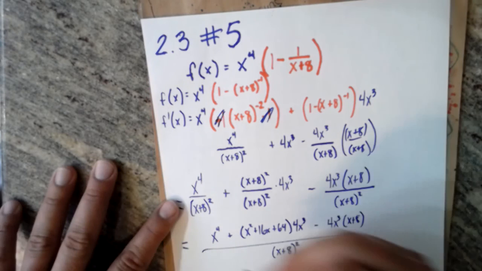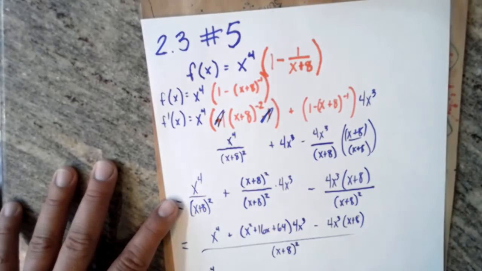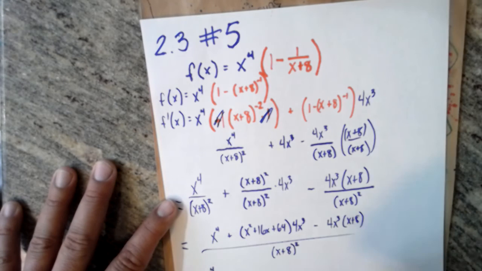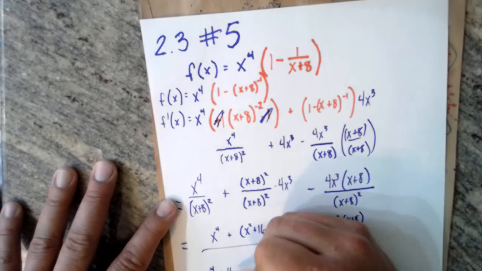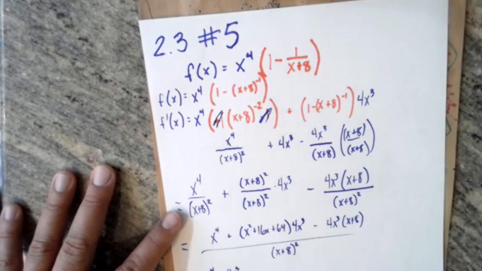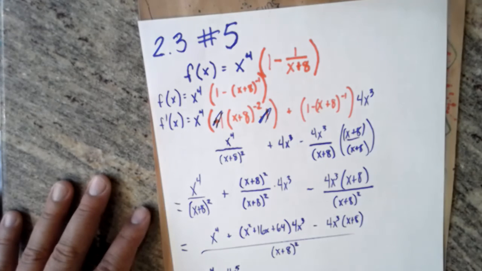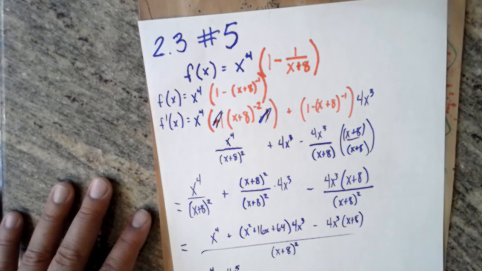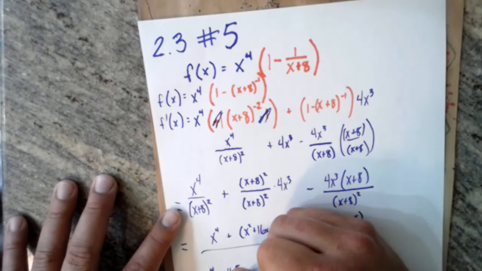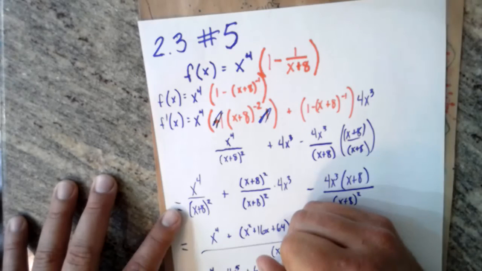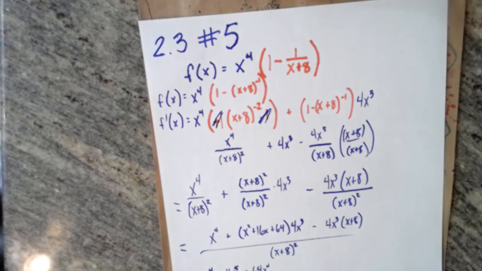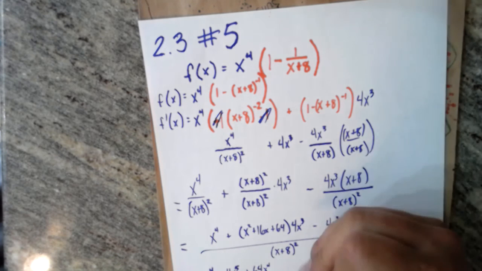distributing and then simplifying. So you get x to the fourth, you get 4x to the fifth, you get, what's 4 times 16? 64x to the 4th. 4 times 64 is 256x cubed.